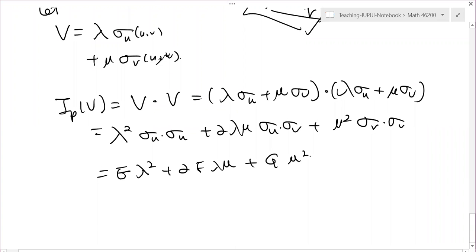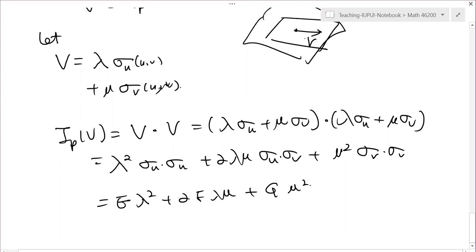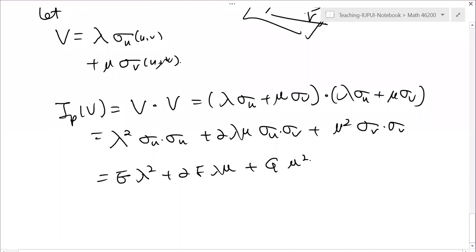The first fundamental form. So the first one is defined as v, the tangent vector, the dot product with itself. Because this is a tangent vector, you can express it in terms of the surface patch sigma, right?